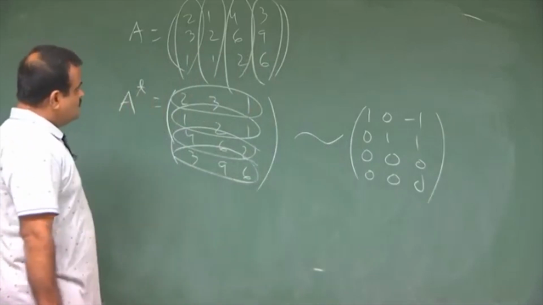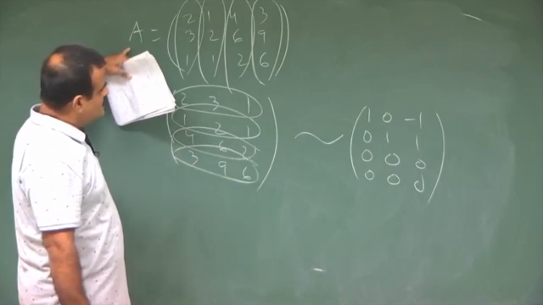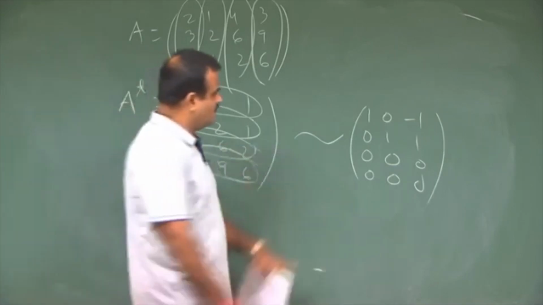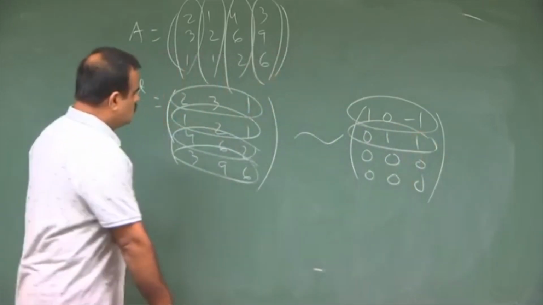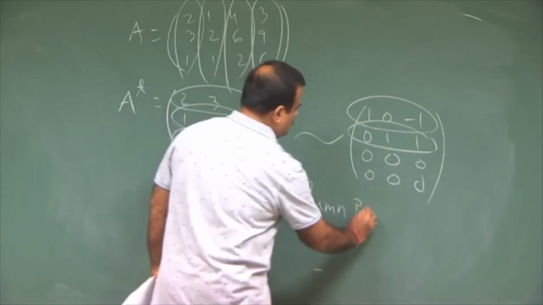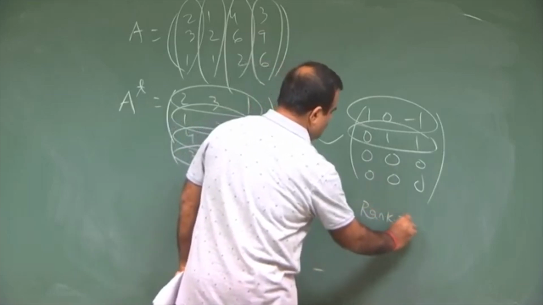So, that means the column space of this matrix is the same as the row space of this matrix, and the number of independent vectors here is 2. So, the column rank is equal to 2.